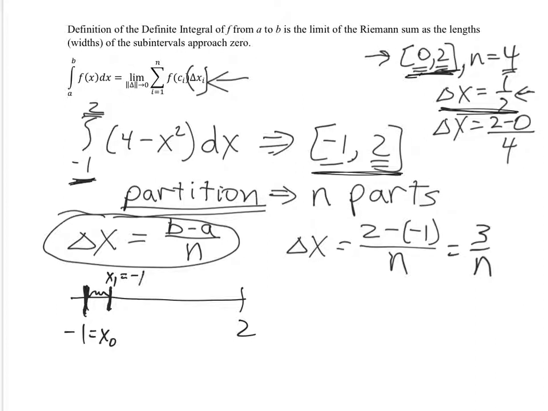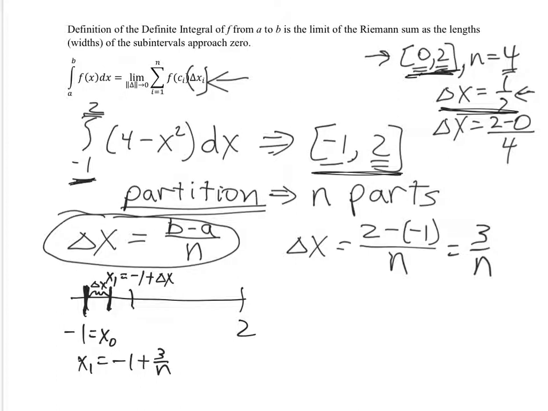Well, starting at -1 plus delta x, because the width of this subinterval will be delta x. So x sub 1 we could say is -1 plus 3 over N.